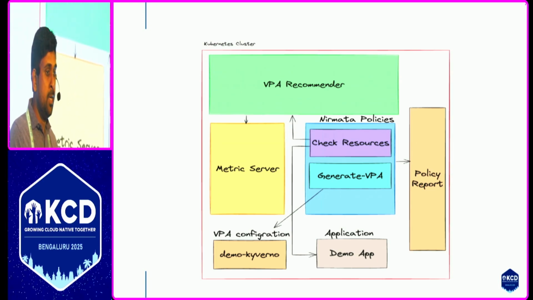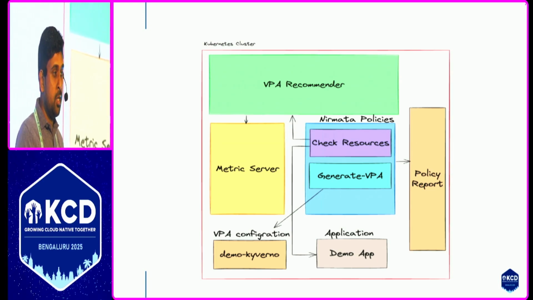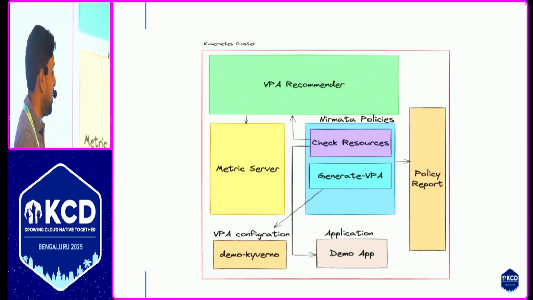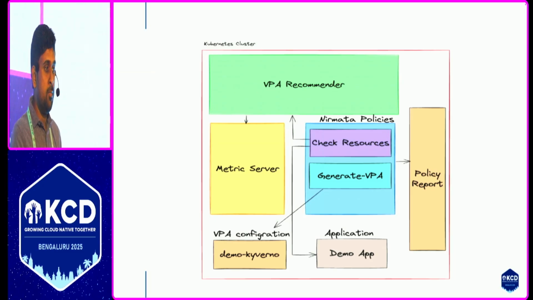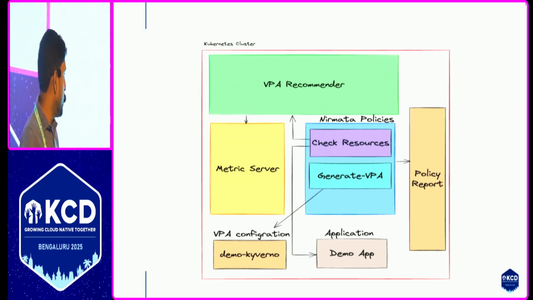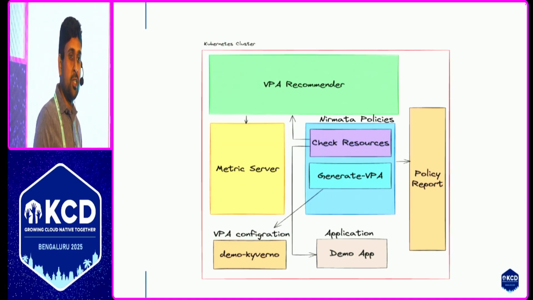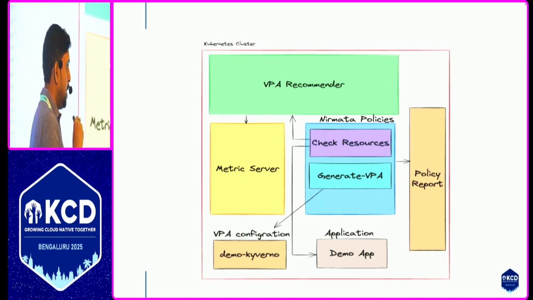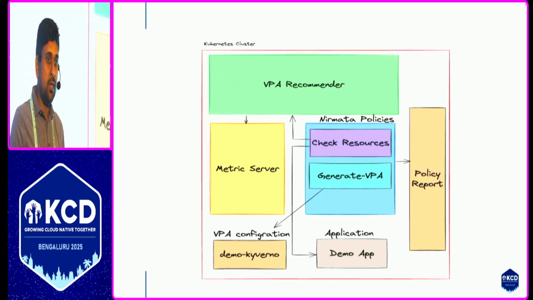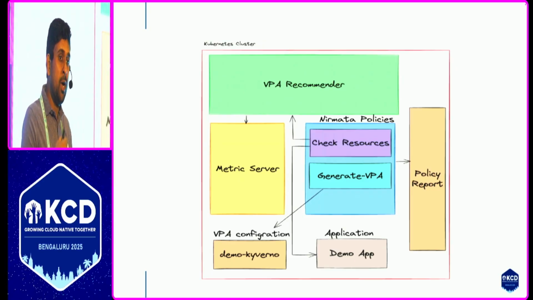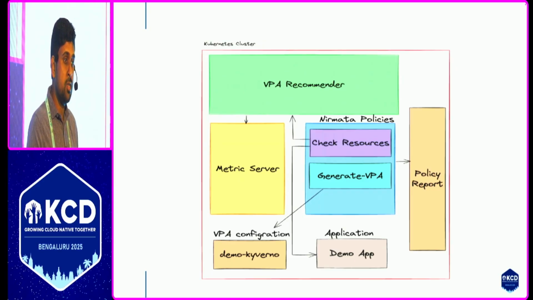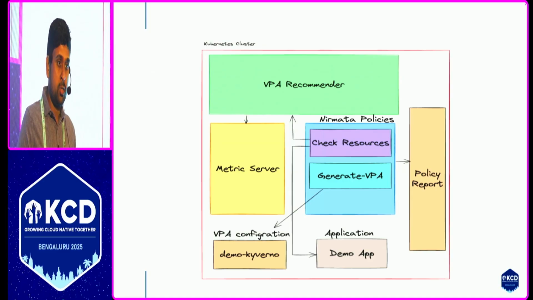One is the VPA recommender, the other one is the VPA updater, and the third one is the mutation, which actually mutates the resource, right?